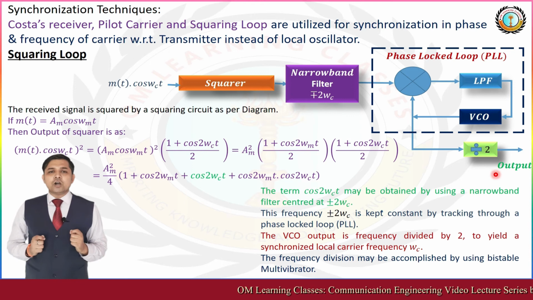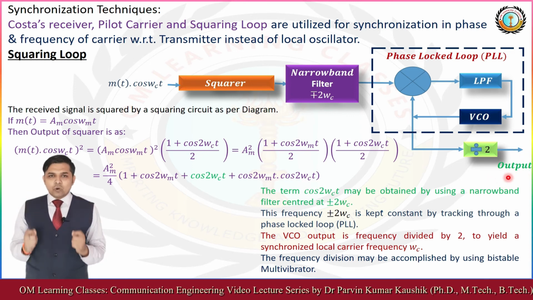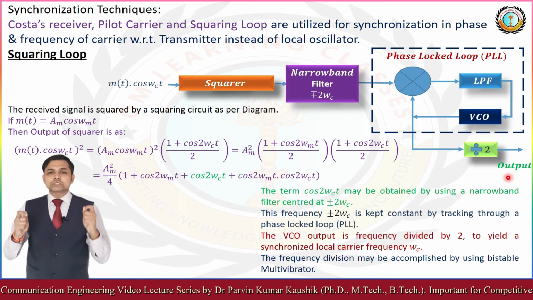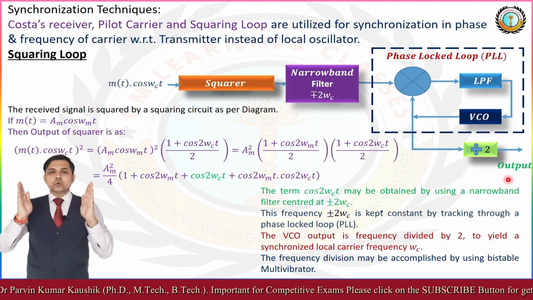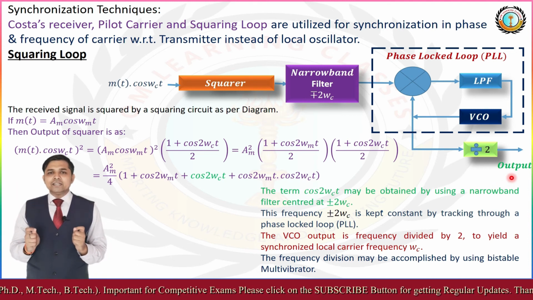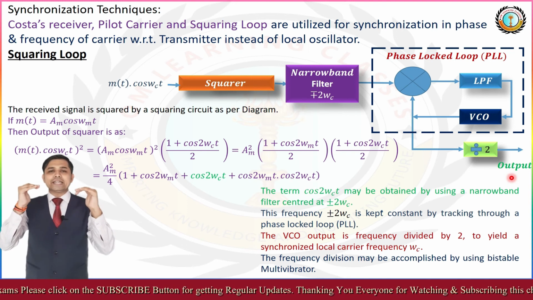We have the output that is equivalent to Am squared by 4 into cos omega c t, which corresponds to our desired local oscillator signal for coherent detection.